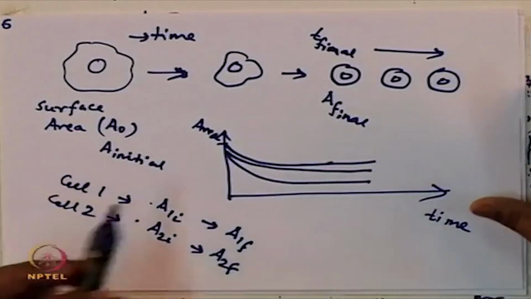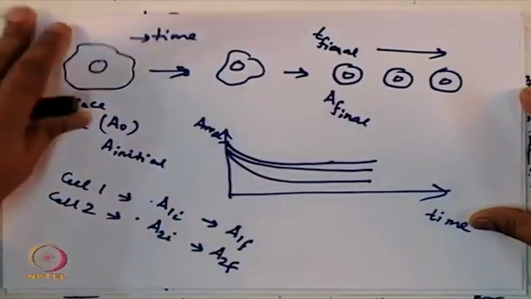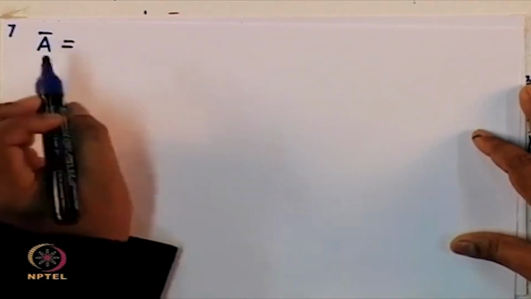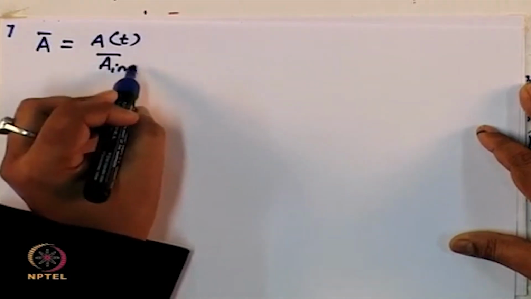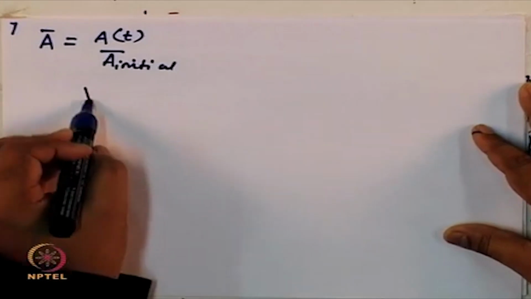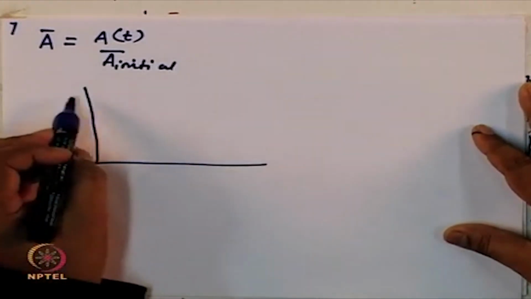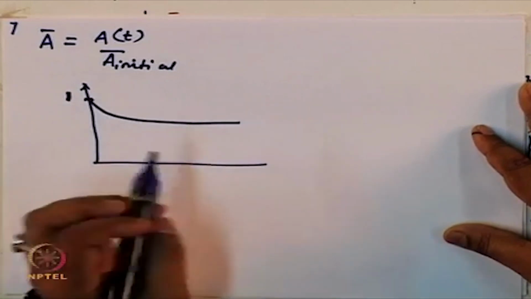So, it does not make sense to plot the area itself, but rather the normalized area. Let me define A bar as equal to A of time t by A of initial. In this case my curve will always start from 1 and plateau off to one particular value.